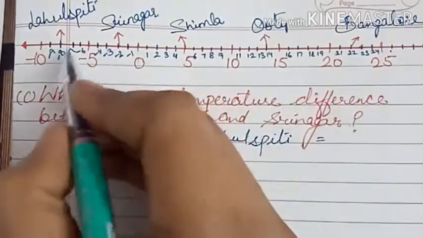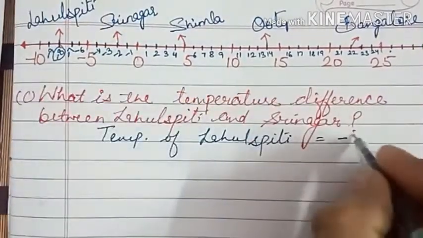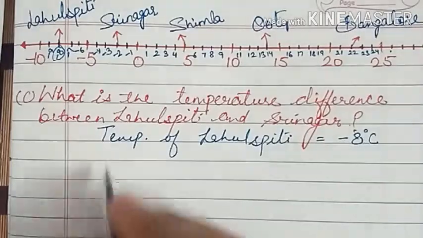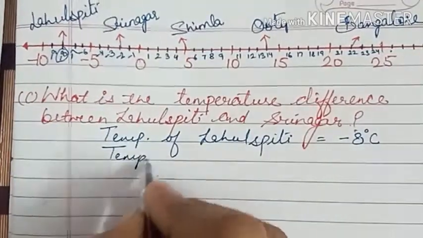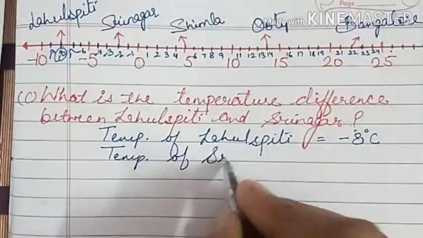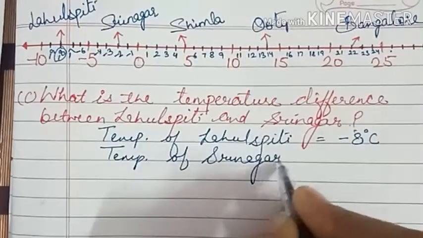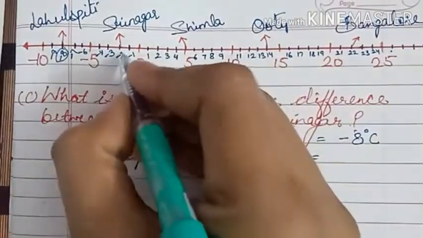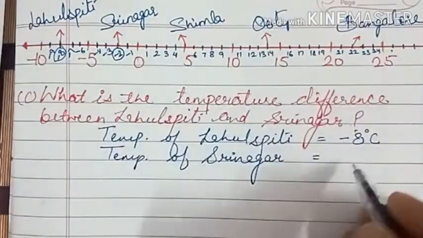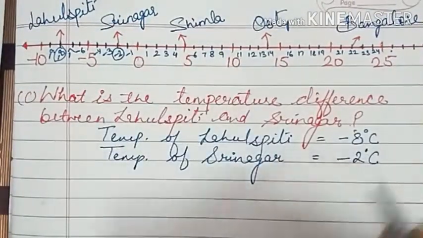What is that? It is minus 8 degree Celsius. Then temperature of Srinagar. What is it? It is minus 2 degree Celsius.